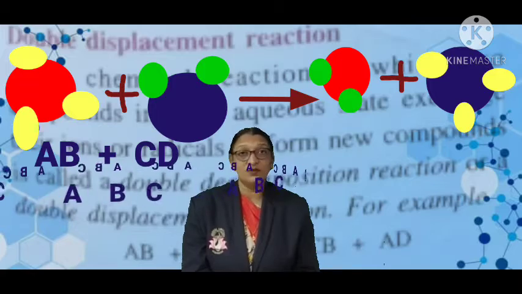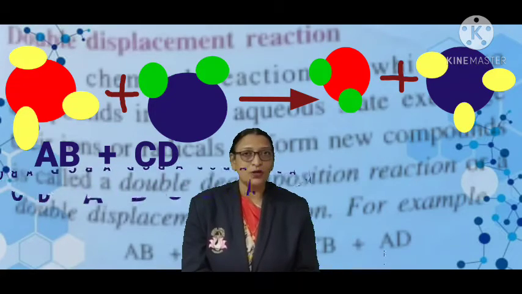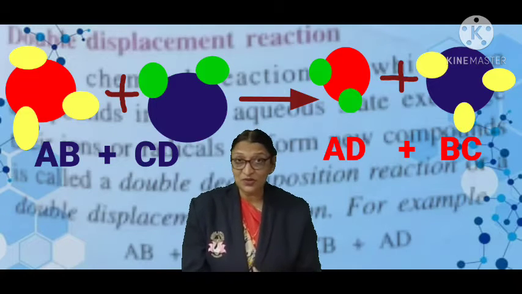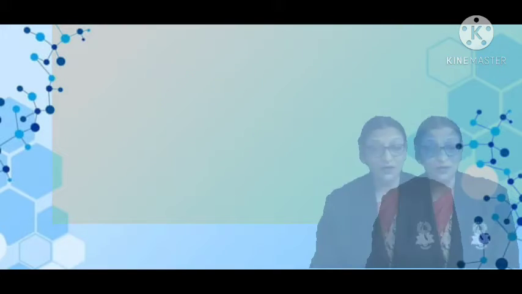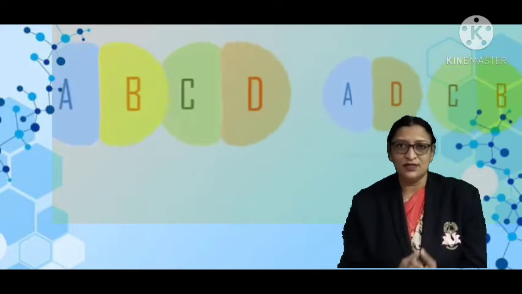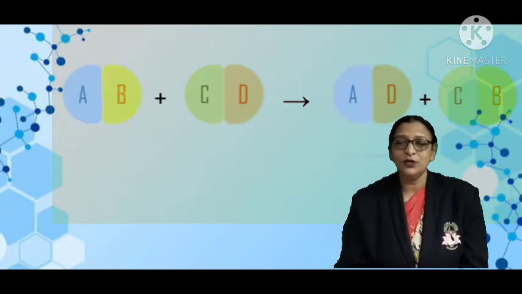A goes with D and B goes with C to give the new products AD and BC. Isn't it interesting? So here we notice an exchange of ions or radicals of the compounds takes place to form new substances.